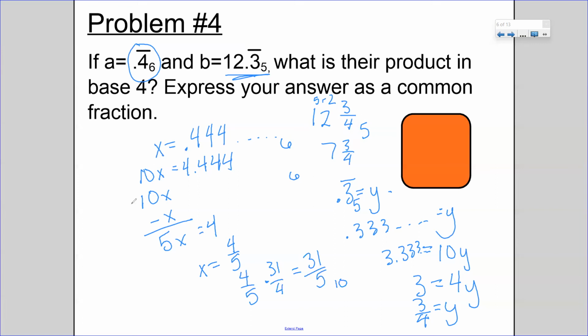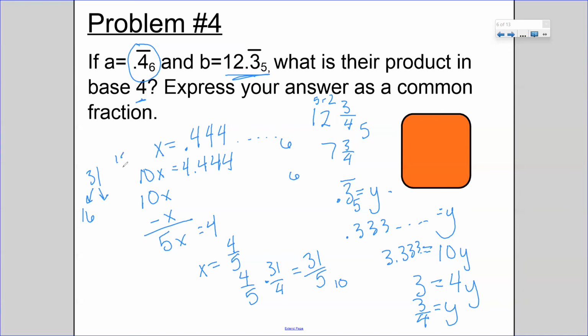Now we have 31/5 in base 10, but we need to write that in base 4. So first we're going to convert the 31. 31 can be broken up into a 16. And then how many groups of 4 could we have?